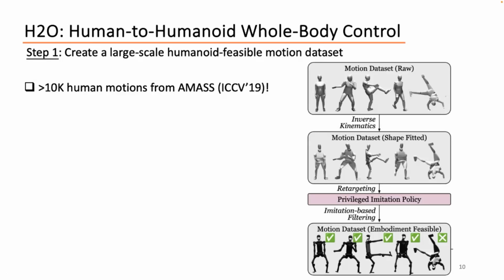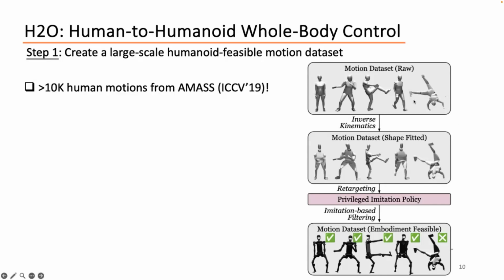So fortunately, from the vision community and from the graphics community, we have very high-quality human motion datasets. For example, AMASS, corresponding to the first row here. The first row is some motions from AMASS. You can see it's very high quality mocap data. But we cannot directly use it. Why?